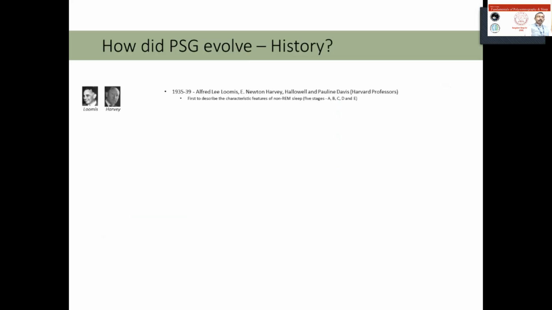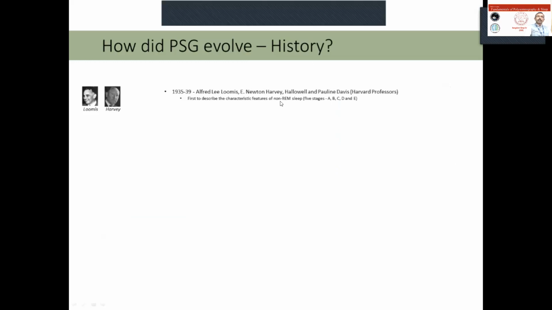Now, historically, the earliest attempt to discriminate different sleep stages happened in the 1935-39 period by Loomis, Harvey, etc. They divided NREM stages, because at that time the REM stage was not identified.